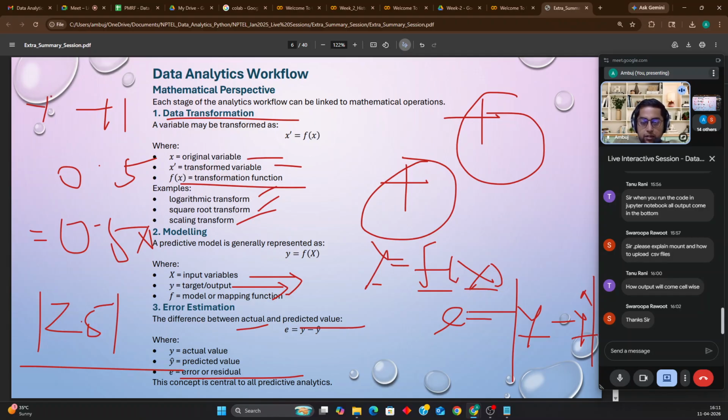Because in predicting one quantity, it is giving the magnitude as -1, but the error will be one only. Take the magnitude. Always, when you are calculating the root mean square error or the mean absolute error, you are calculating the absolute error.